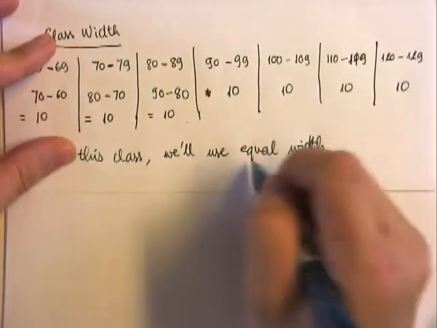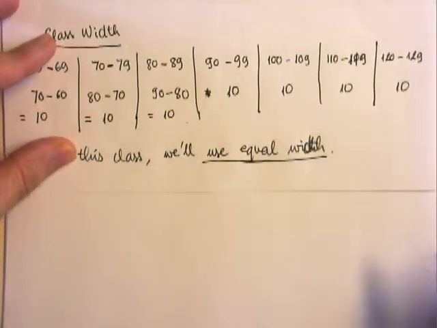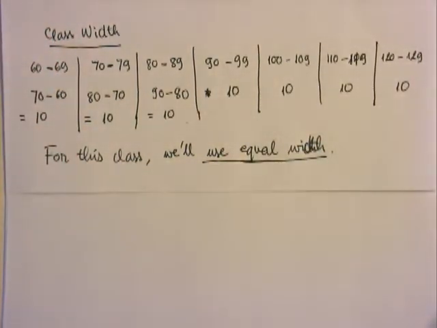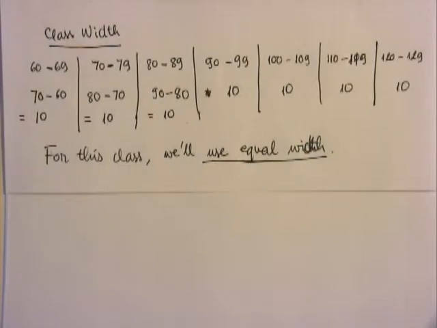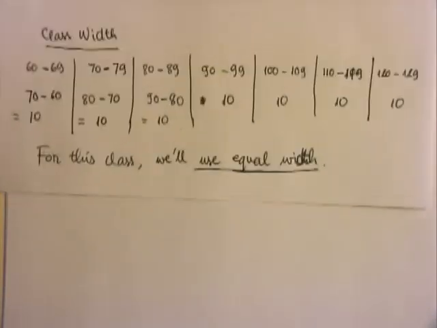Okay, so that's the bottom line. There are cases out there where you have to run into different class widths, but here we will simply use equal class width. So that's one convention for us in this class.